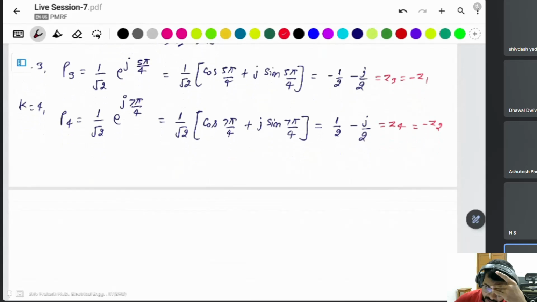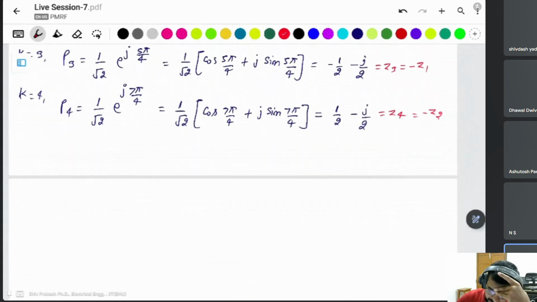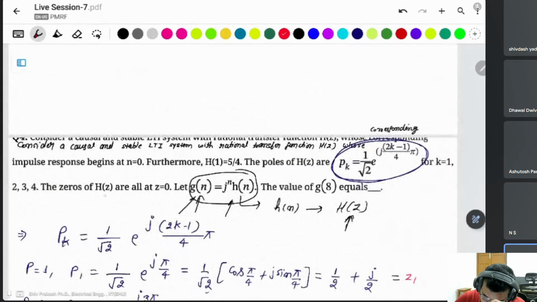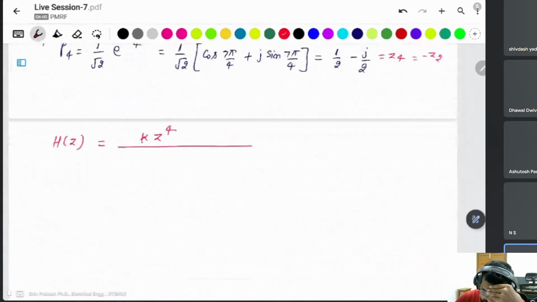For the fourth order system, how can I write the transfer function in the frequency domain of discrete time, means the z domain? K, these are four poles, then you can write four zeros here. All are zero at 0. All zeros are at z equal to 0. It means only the z term is there.